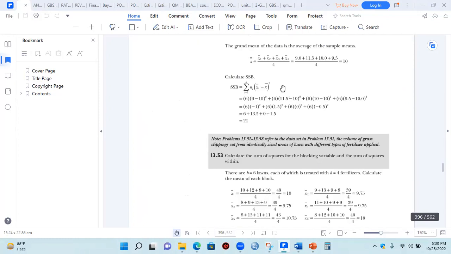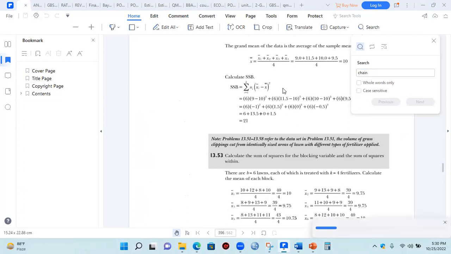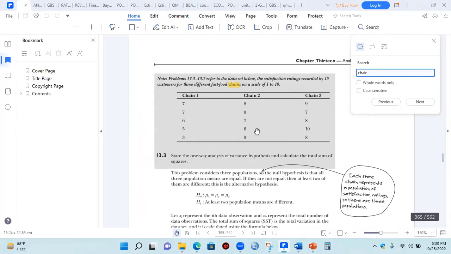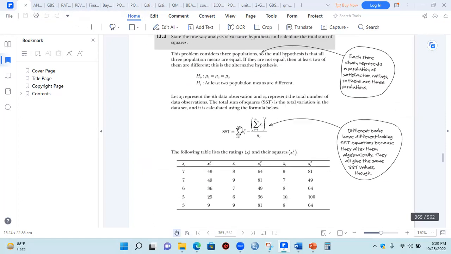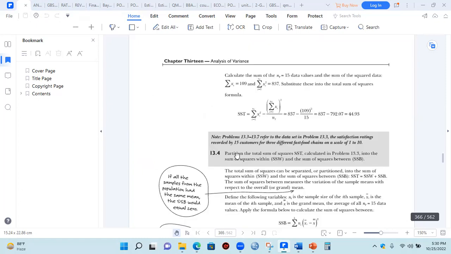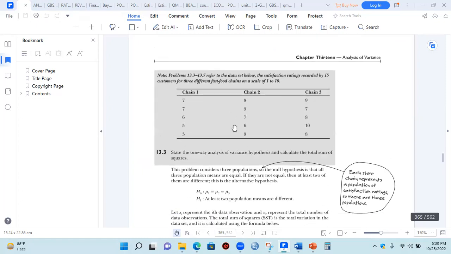So you see this question here. Chain 1, chain 2, chain 3. We've been asked to conduct a one-way ANOVA. So from this, you can see that this was what you're supposed to do: find the totals, calculate them, etc.